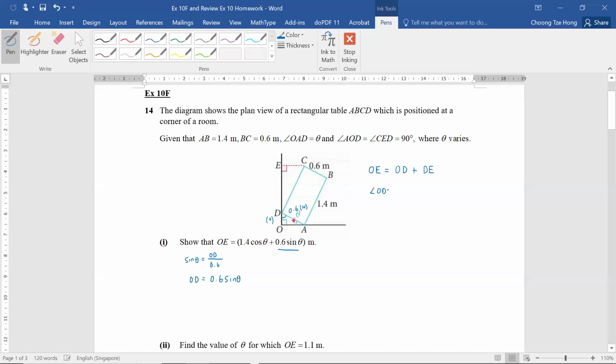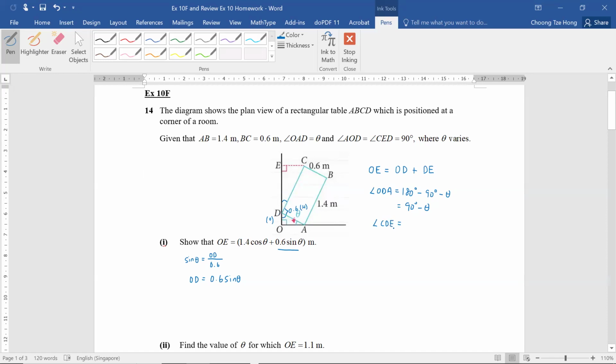Angle ODA equals 180, angle sum of triangle, minus 90 degrees minus theta, and that gives us 90 degrees minus theta. This is a rectangular table, so angle ADC should be 90. This allows us to find angle CDE. So let's find angle CDE.